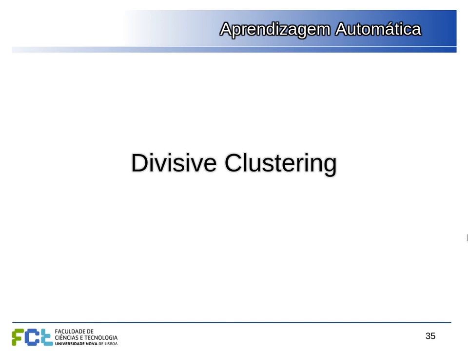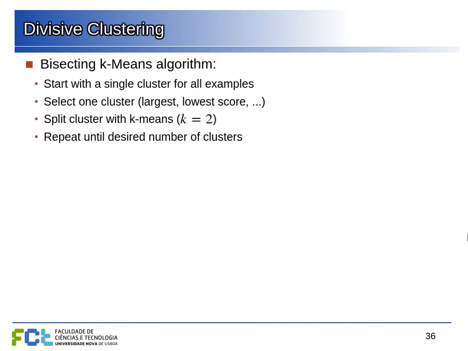Now we can do it the other way, hierarchical clustering by using divisive clustering, and in this case we start with all the examples in one cluster, and now we need an additional clustering algorithm that will split our cluster into subclusters, and then repeatedly use that algorithm to keep breaking down the clusters into smaller clusters.